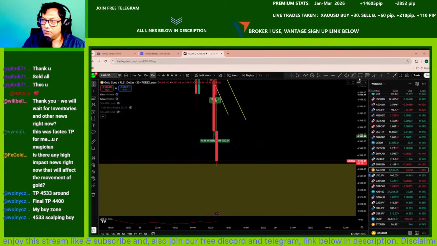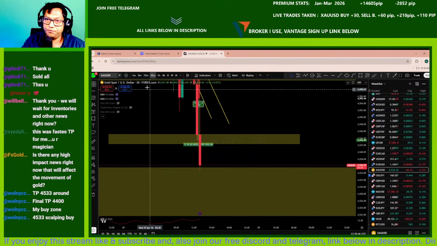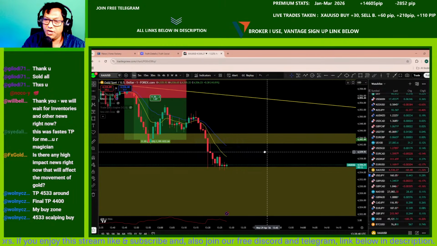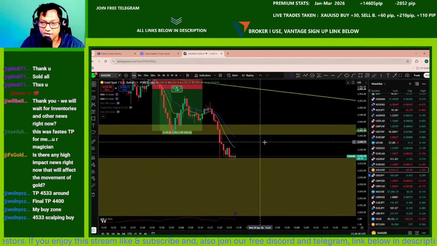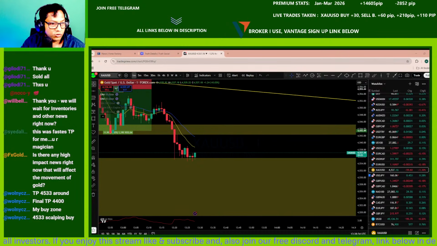And here is the 30 minutes level that you can see in this area. So breaking above this high can create new selling pressure here. I'm looking forward to seeing that happen.